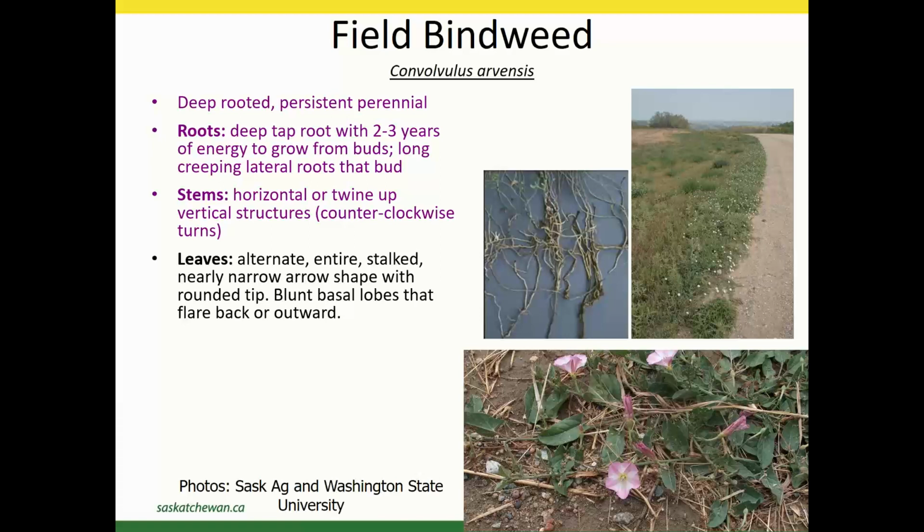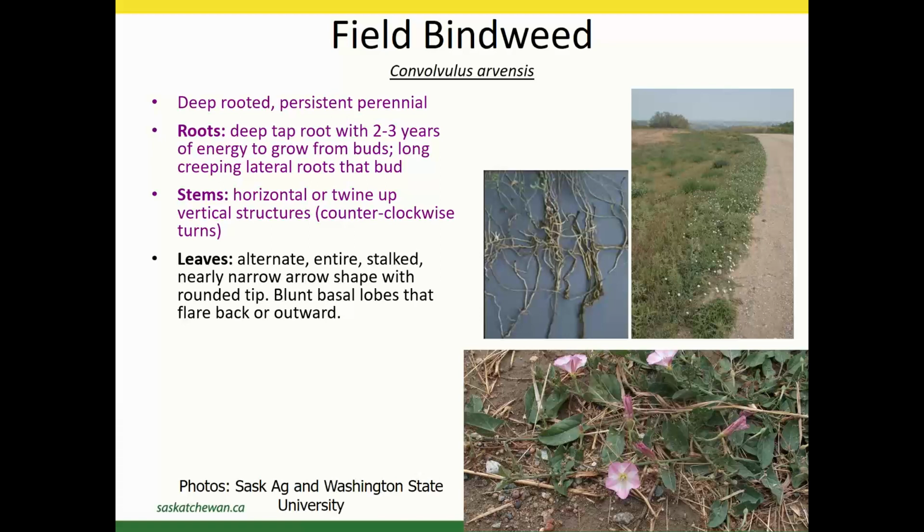The leaves are alternate, entire. So what entire means is that there's no lobes, that it's a very undisturbed edge on the leaf edge. These leaves are stalked and a narrow arrow shape, essentially, with a blunt rounded tip.